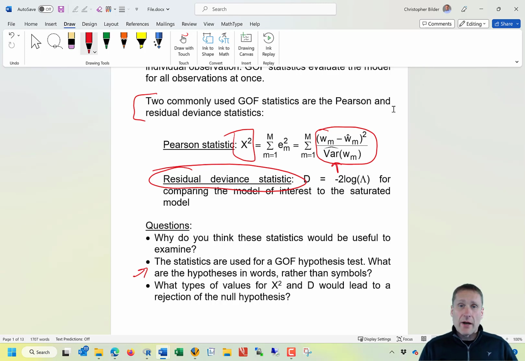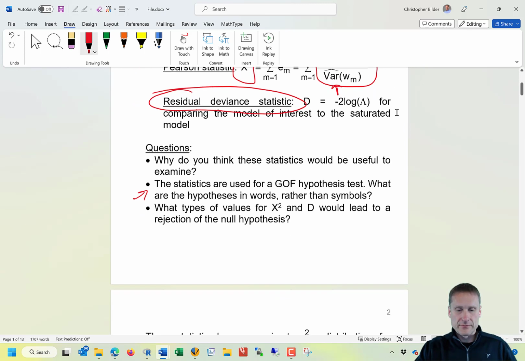Values outside plus or minus 2 indicate that particular observation perhaps does not fit well. So when I square that, we're looking at values greater than 4. If I sum those all up across the entire data set, a large X squared gives us an indication that perhaps the data is not fit well by the model.